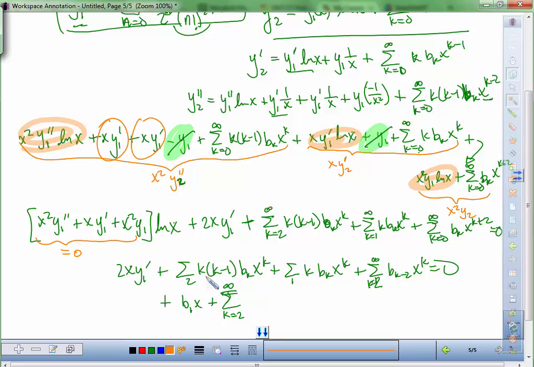What you're putting together is these two added together, so that's just k squared bk, right? And then we have a plus, and this one is not the same as bk, it's bk minus 2, so we can't combine that.